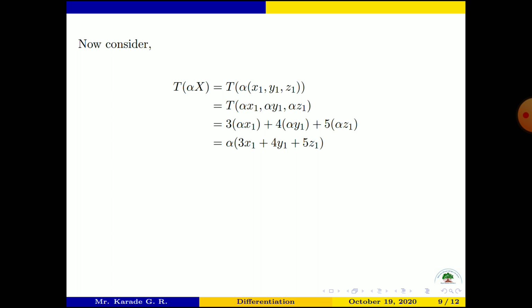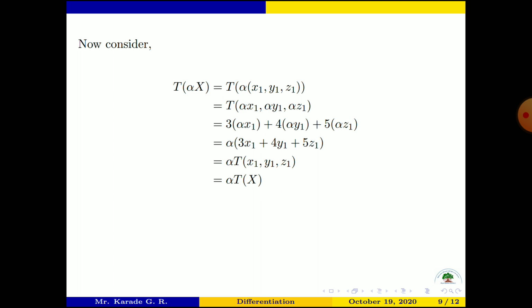But this bracketed quantity is again nothing but the definition of T of (x1, y1, z1). So it is alpha into T of (x1, y1, z1), but (x1, y1, z1) is nothing but the vector x. Therefore, in the next step we write alpha times T of x.